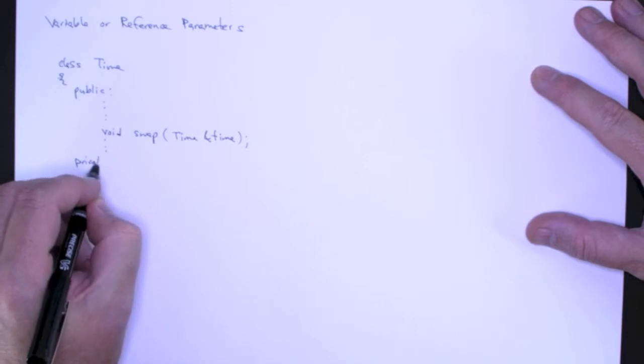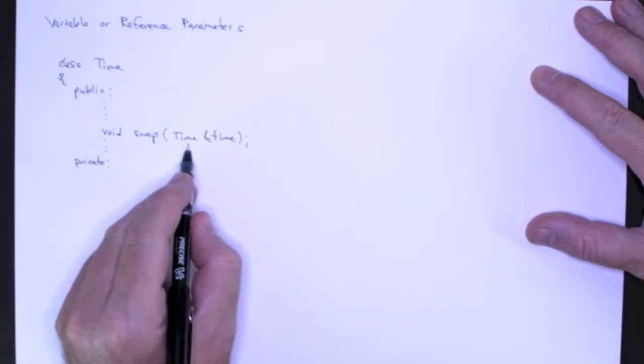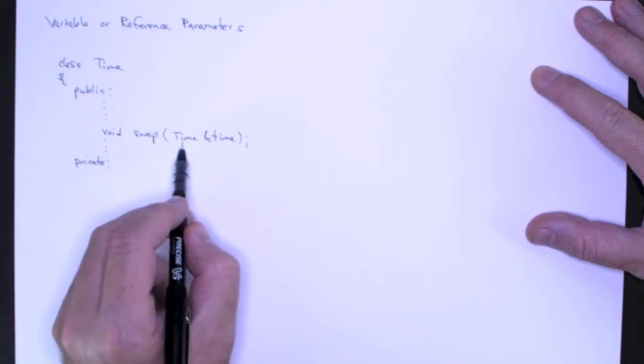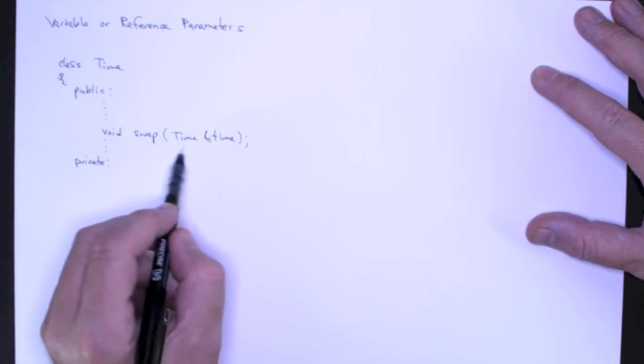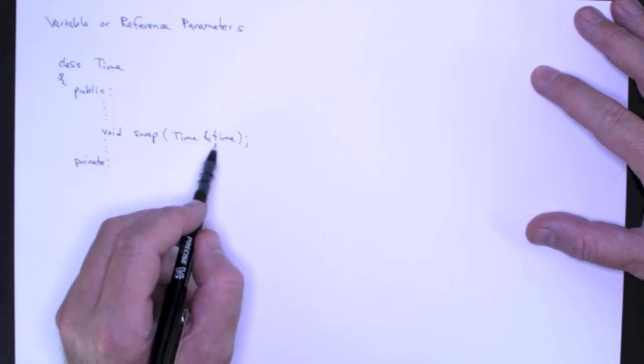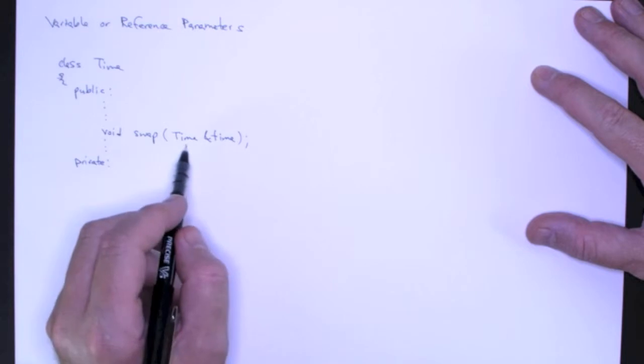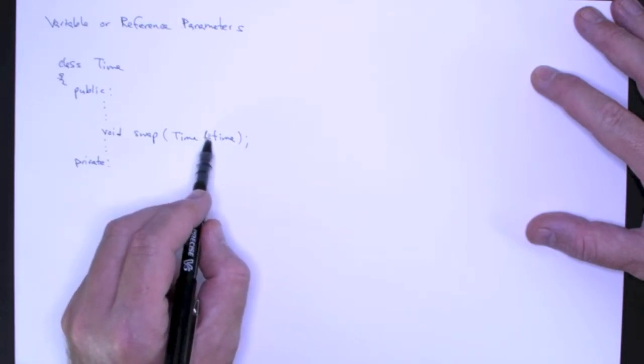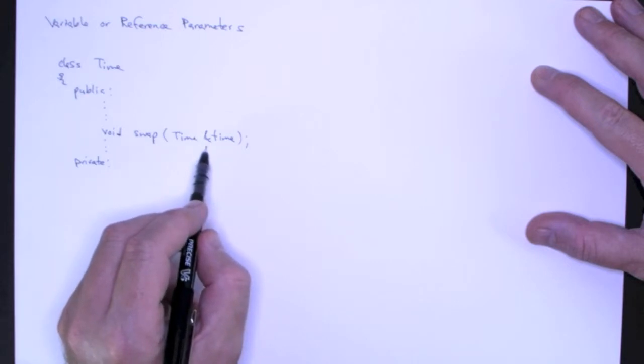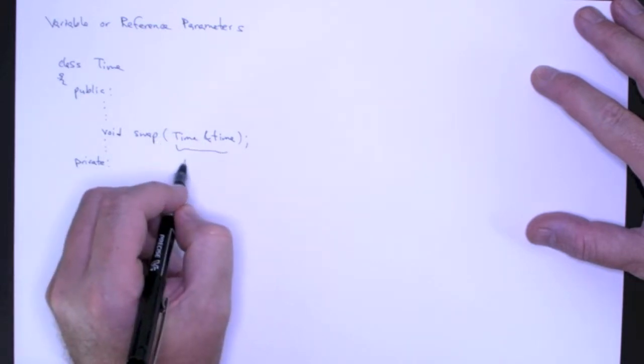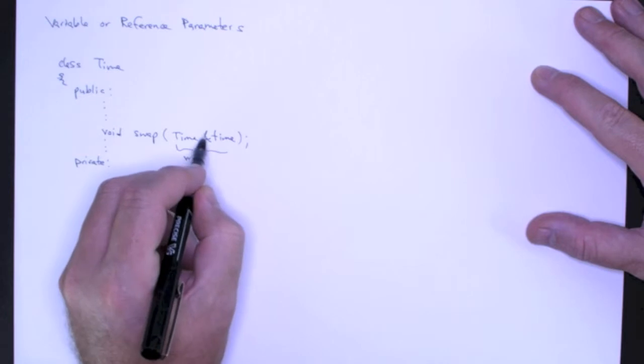But in order to implement this method, I have to be able to modify this time object. I'll go through it where we pretend that this is just a value parameter, and we'll see what happens. In fact, you should do that. You should code it up and remove the ampersand here. This is what makes this a variable parameter, the ampersand, right?